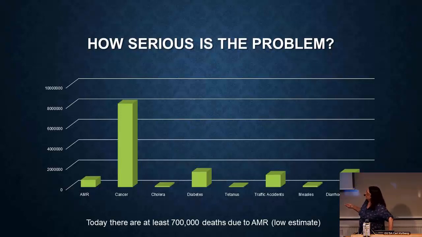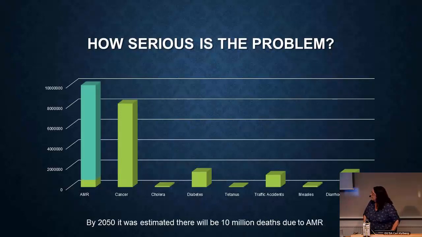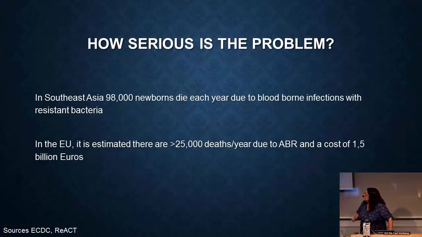And that's compared to diabetes and cholera, etc. The prediction was made that if nothing is done, and that's key, if nothing is done, by the year 2050, the number of deaths due to antimicrobial resistance will be 10 million per year. So we'll actually exceed the number of cancer deaths. Some people argue a little bit about exactly what this number is, but it is very clear it is a very big number.